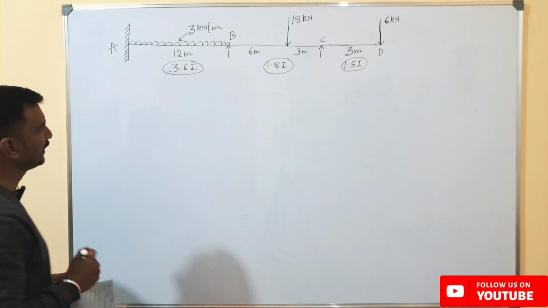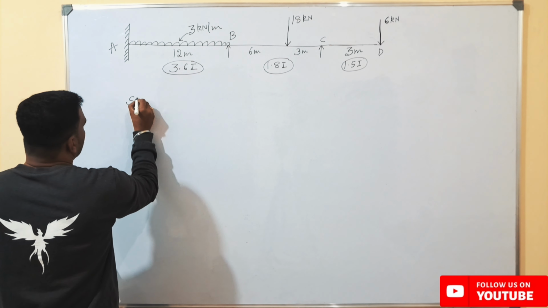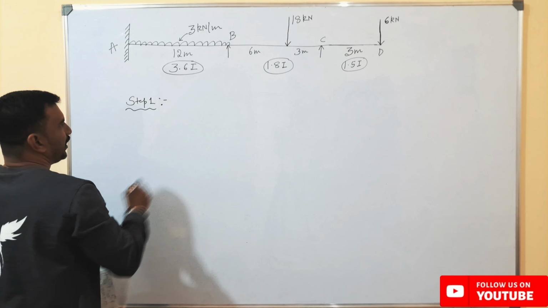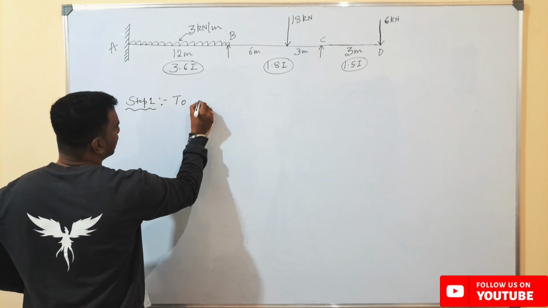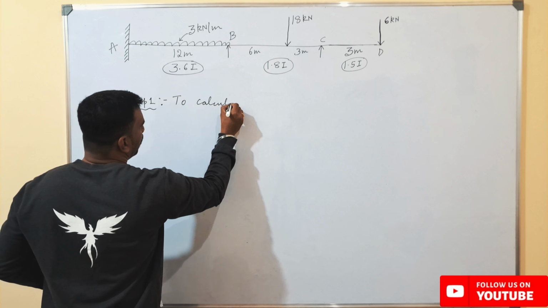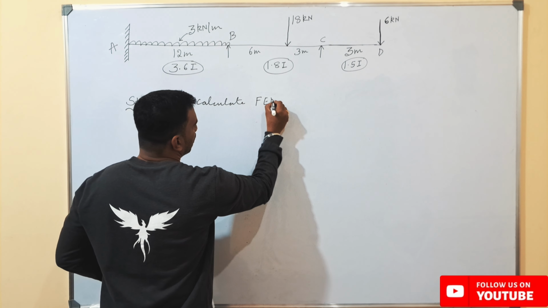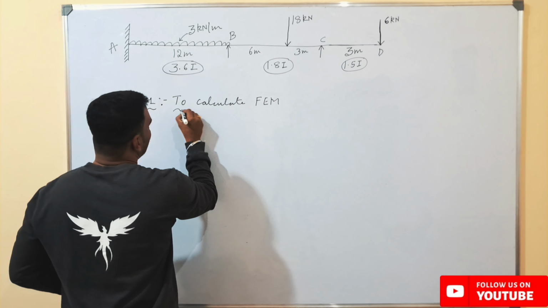From previous classes we know that the first step used in Kani's method is to calculate the fixed end moments. If I consider the span AB which is having a UDL, coming from left to right, it will be negative.